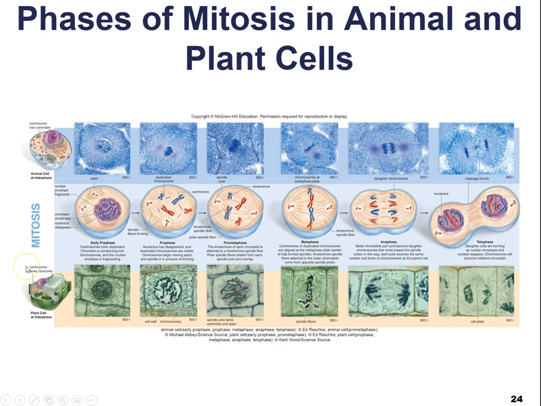A lot of times we just talk about prophase, metaphase, anaphase, and telophase. So on the lab quiz, if I show you a picture like this, your choices will probably just be prophase, metaphase, anaphase, or telophase. Okay, so I'm not necessarily going to ask you to distinguish between early prophase or prophase from the pictures.